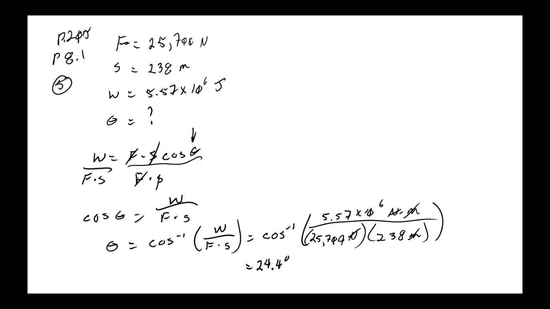Without having had trig, it's hard to get that to work out right, but that is how you do it. The cosine operates on an angle, you get a number. The inverse cosine operates on a number to give you an angle, and that's what you did here.